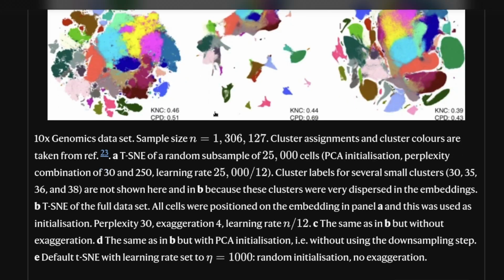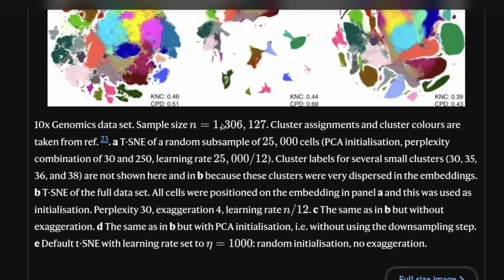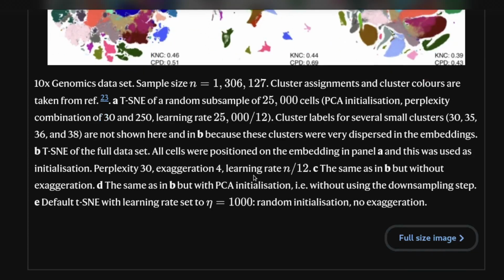Cluster assignments and cluster colors are taken from Ref 23, a t-SNE of a random subsample of cells, PCA initialization, perplexity combination of 30 and 250, learning rate. The cluster labels for several small clusters, 30, 35, 36, and 38, are not shown here and in B because these clusters were very dispersed in the embeddings.